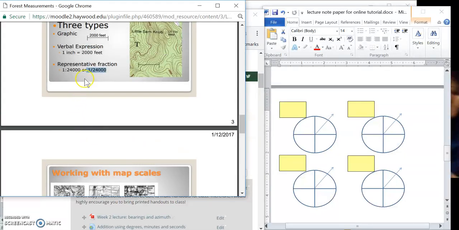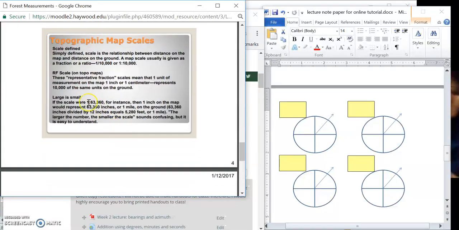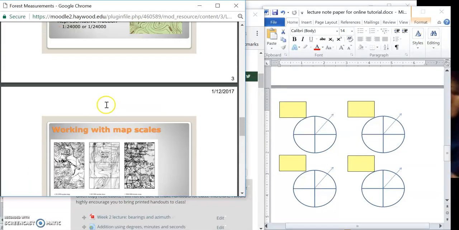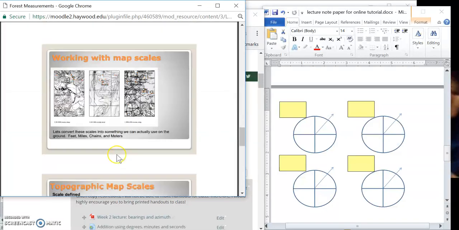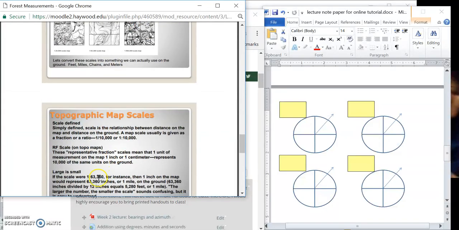Basically, what I'm trying to tell you is that this number is a larger number than that number. Okay, so this is a smaller number. 1 inch represents 63,000 inches on the ground, so it covers a larger area. So that's a smaller scale. To think about it in terms of the numbers themselves, if you turn them into actual fractions, this number is smaller than that number, so this scale is a smaller scale.